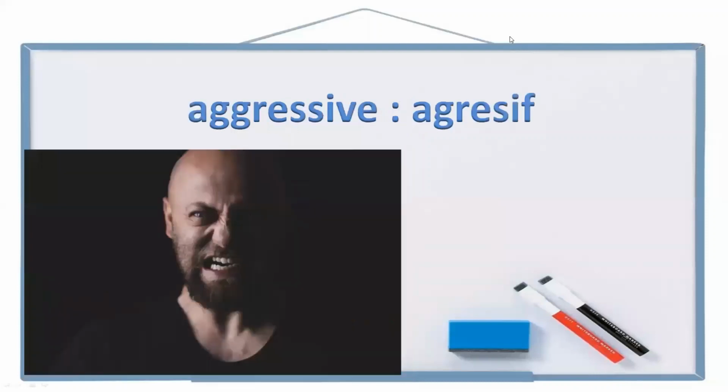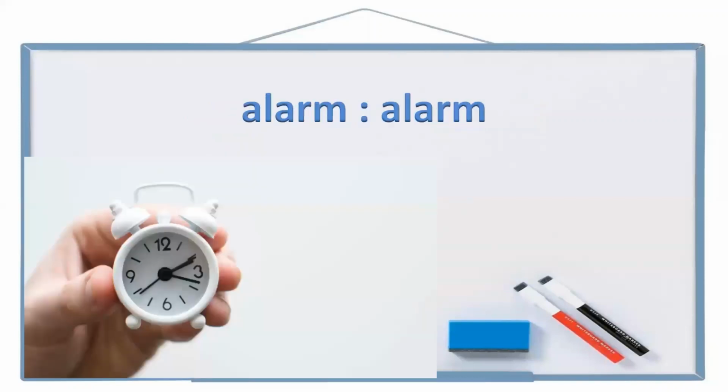Next one, aggressive. In Turkish, agresif. Once again, agresif. Next one, alarm. Exactly the same, but we are going to read it as we write, and it is alarm. Once again, alarm.